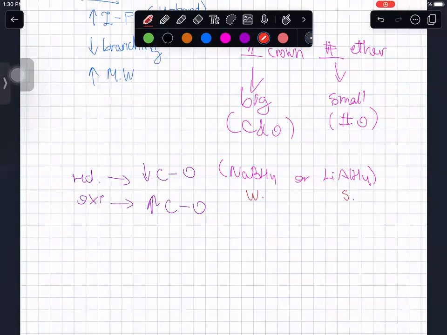But why is that the case? Why not with the esters? You guys have to know the logic behind it. Think about the reactivity of carbonyls.